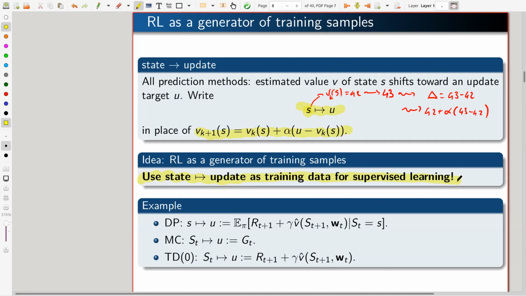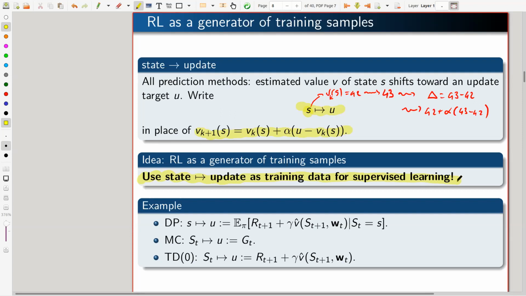You see, for instance, deep neural networks or any regression methods with a lot of parameters, they need a lot of training data. And in this sense, reinforcement learning just comes as a generator of training data. And this is why they go together so well. They work very well when used together.